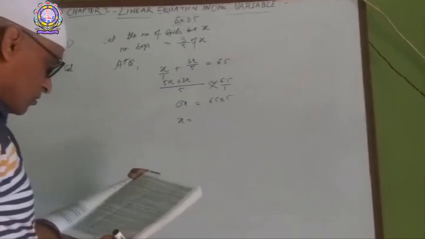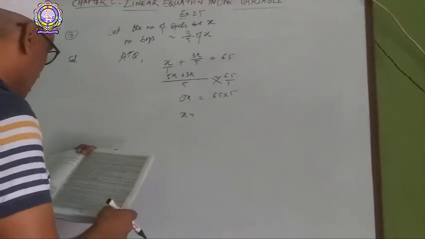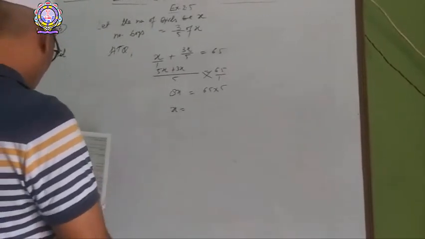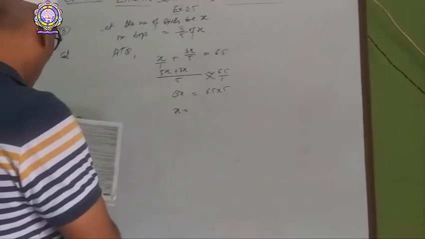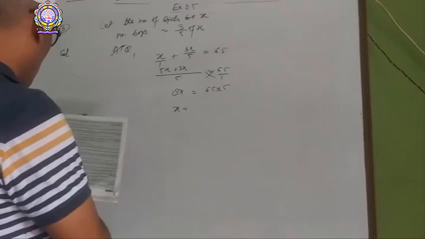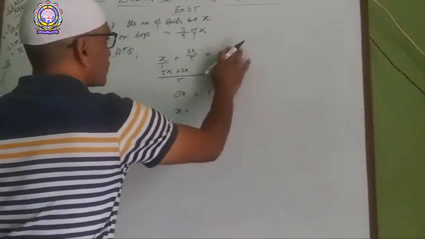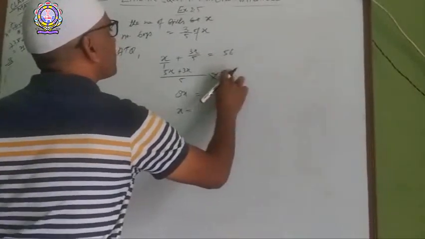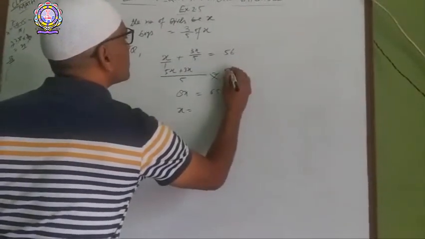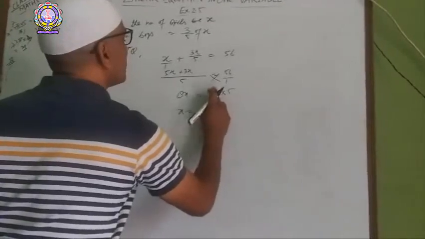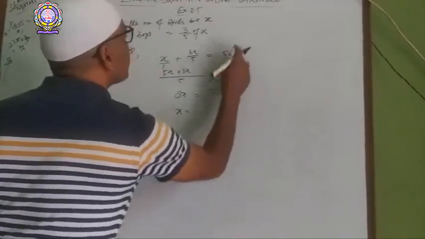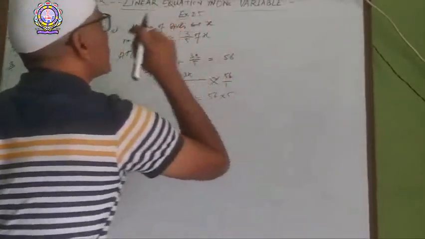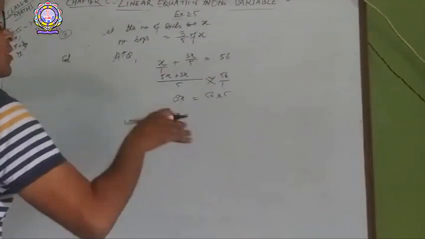Okay, students, here question number 13 has a wrong digit, that is 65. In place of 65, there should be 56 students. If you take the total number of students as 65, then your answer will be wrong.